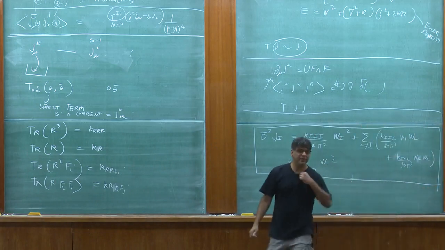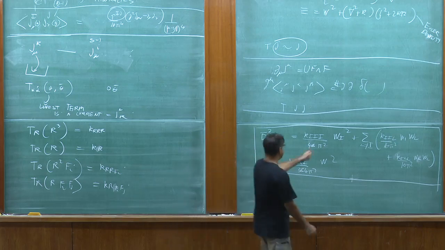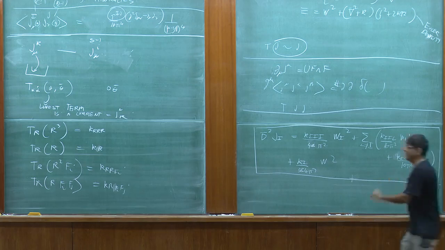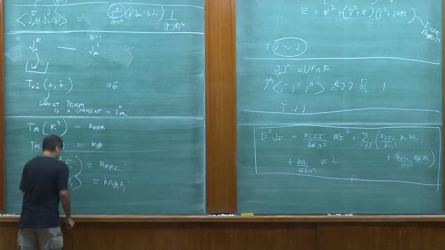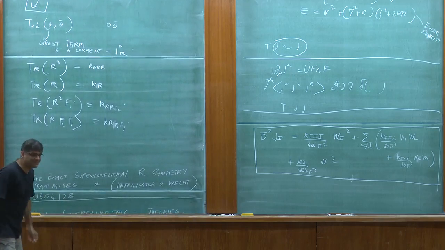Let's make sure we understand what all the terms mean in this equation. First, Wi, we are looking at the flavor current Ji. Its field strength multiplet is Wi. When we write Wj, it's the field strength multiplet with respect to the flavor current Jj. Okay? So, what about Kii? Well, here I only wrote down the anomaly coefficients for the R symmetry, but there are also the anomaly coefficients for the flavor symmetries.